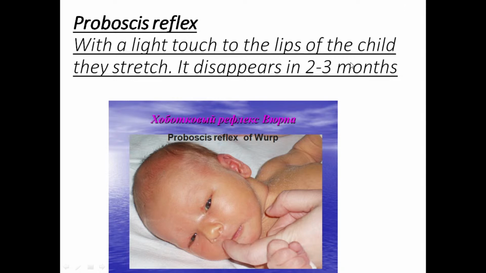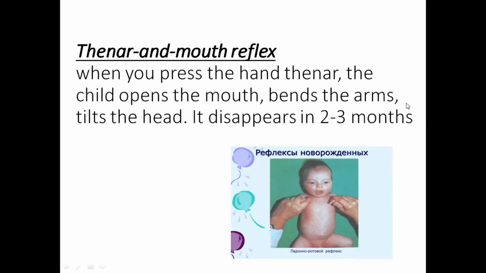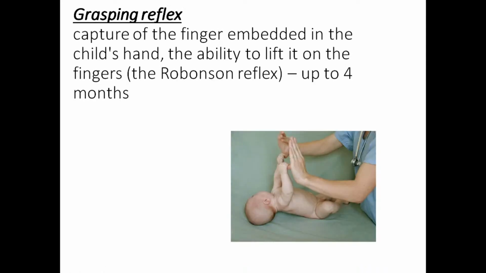This reflex disappears at the age of 2-3 months. Palmomental reflex: you press the hand and the child opens the mouth. Grasping reflex: capture of the finger, and also Robinson's reflex when you try to lift the baby.